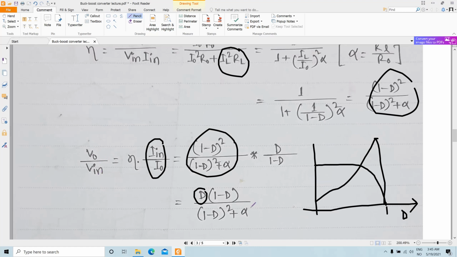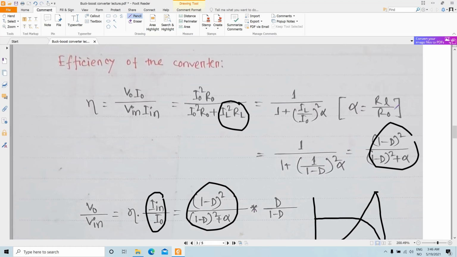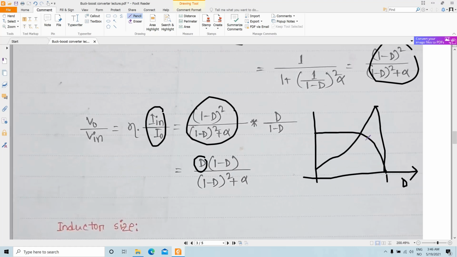If you know the alpha value, you can consider it. You can assume the alpha value to be in the range of maybe 1 divided by 1000, and you can plot the efficiency and the gain to have a much clearer idea at which particular point you have a higher efficiency, and you want to operate your converter at that efficiency point.